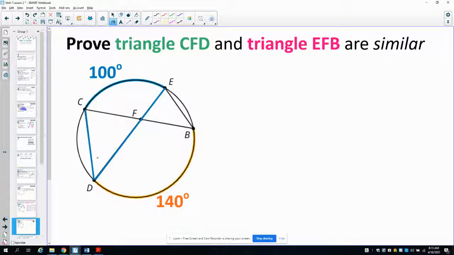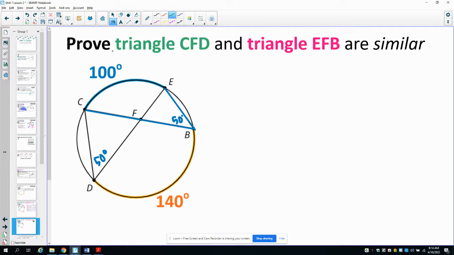So if this is 100, then we know this one is 50. And similarly, we could look at this inscribed angle that comes off of that arc as well. And we could prove that this one is 50 also, because it's half of 100. So both of those two angles come off that 100-degree arc.